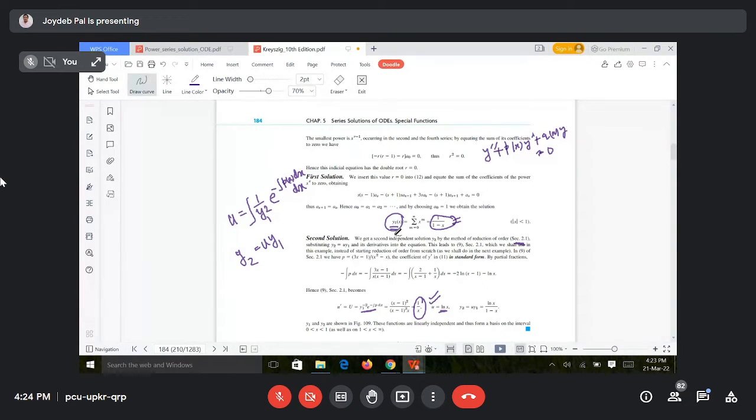But if we don't know the closed form of the first solution, in that case finding the second solution is very difficult. That is the reason in the exam, if the first series cannot be written in closed form easily, then they ask for the first solution only.